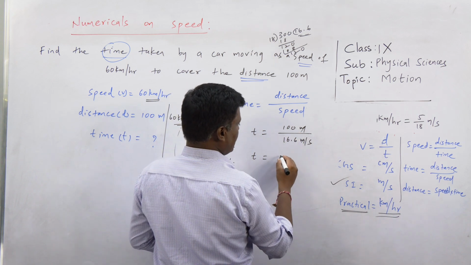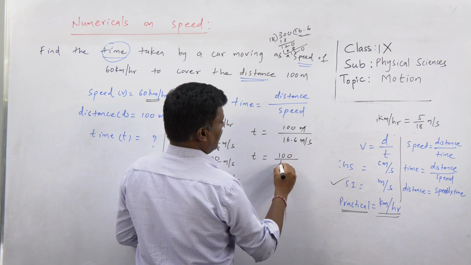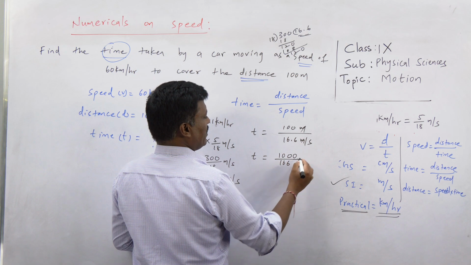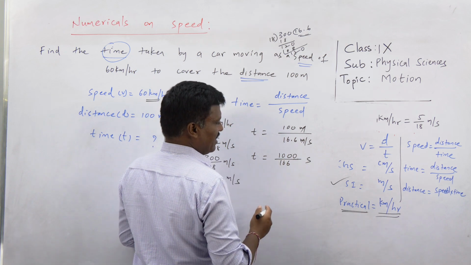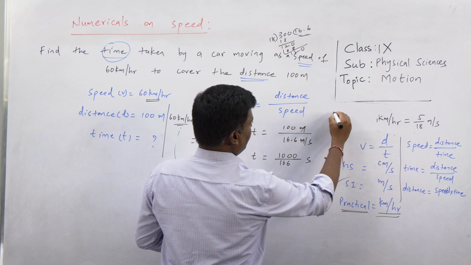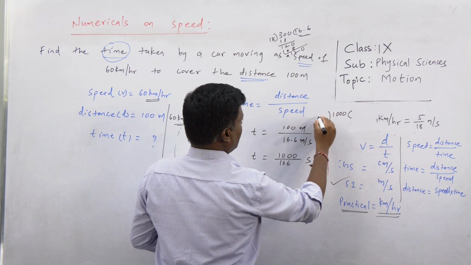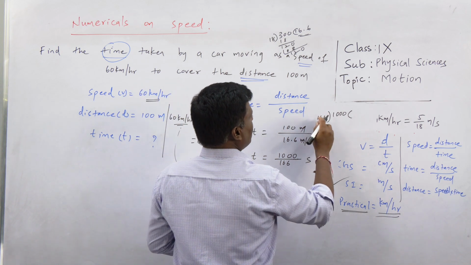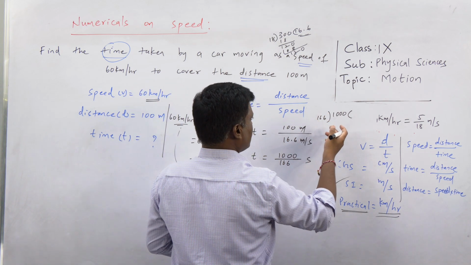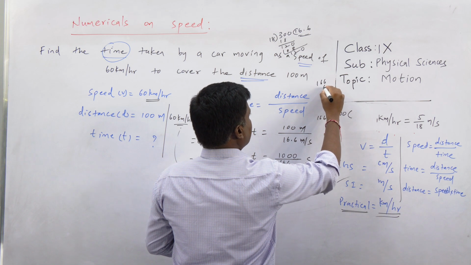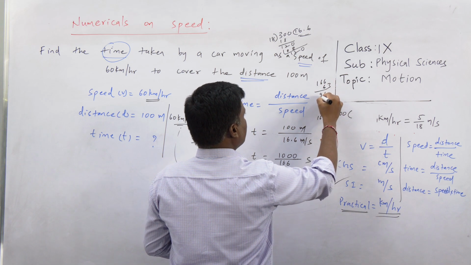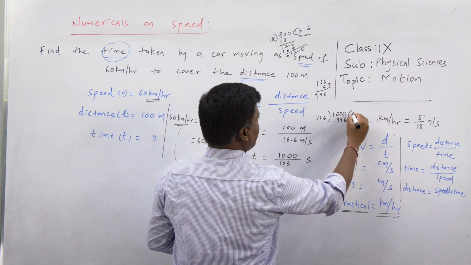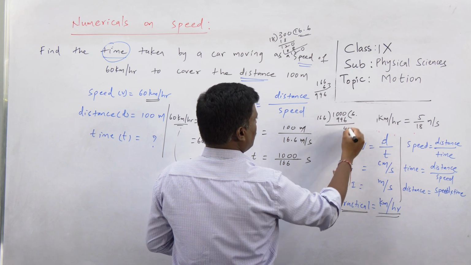Now 100 by 16.6, how do you write this? 100 by 166, but instead of this decimal, when I remove the decimal, I can keep 10 here. So t is equal to 1000 by 166. If you do the division of 1000 divided by 166, 166 into 6 is 996. 4 is left over.